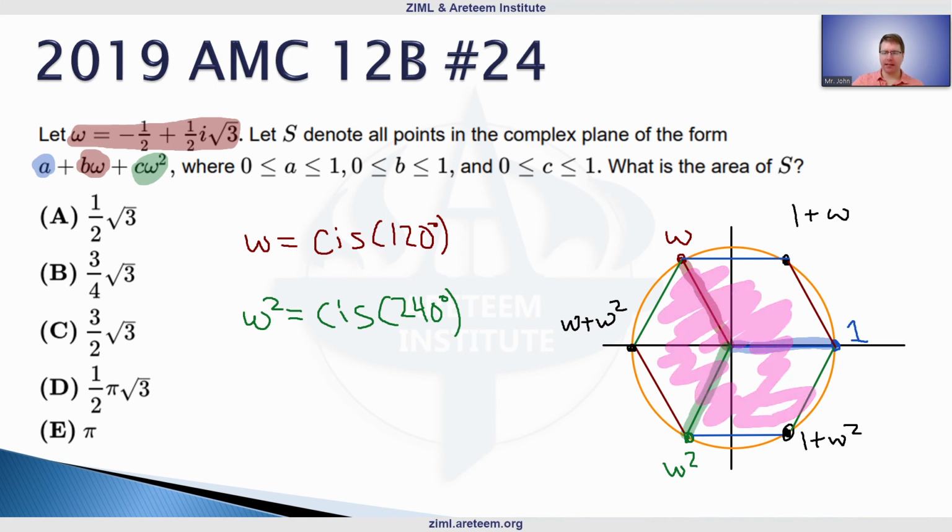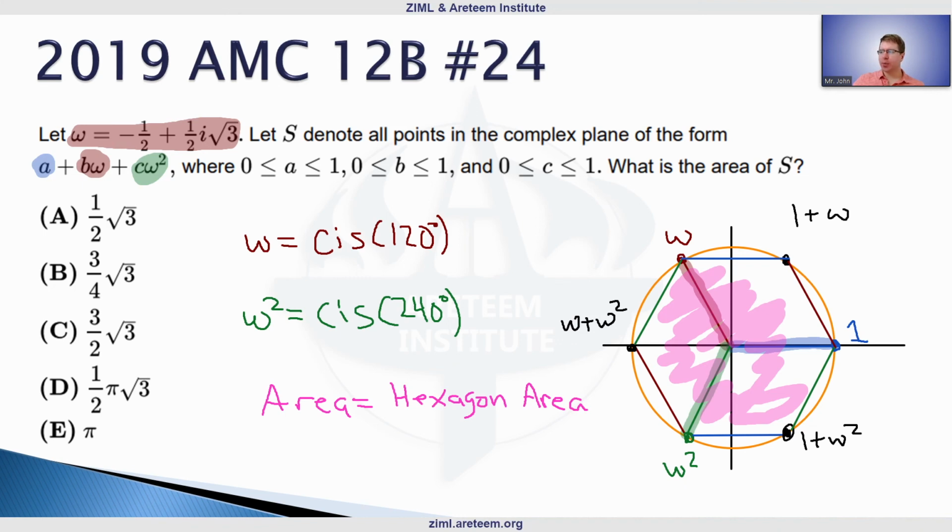So anything inside our hexagon here is going to be possible because of the range of values of A, B, and C. So the whole hexagon, the area of S equals the area of the hexagon. So that is our area of S in this scenario.